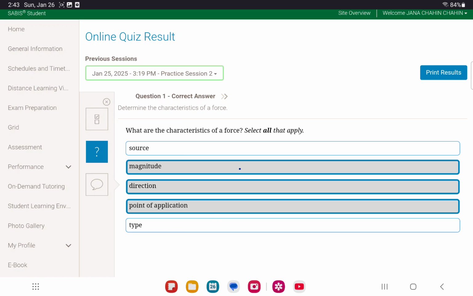You don't need to know the source of a force to characterize a force. And you don't need to know the type of a force to know the characteristics of it. Characteristics of a force are only three: magnitude, direction, and point of application.